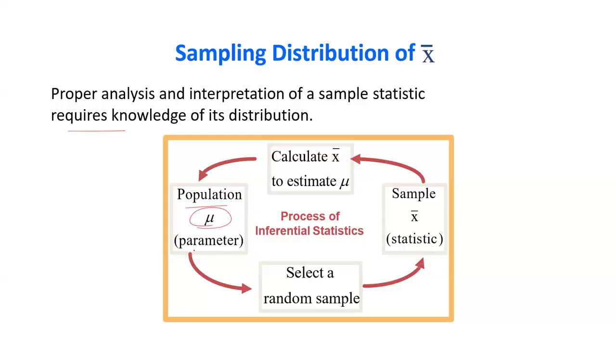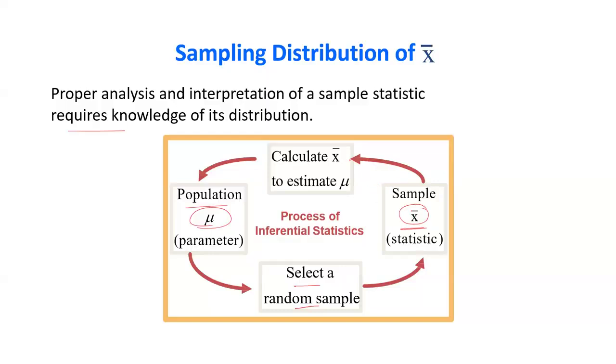As collecting the data for the entire population is not easy, and even if it is there, analyzing or processing that data could be costly and time consuming, we generally select a random sample, and on that random sample we measure that particular statistic. Now we are denoting it as X bar.